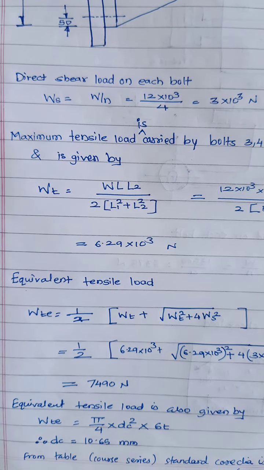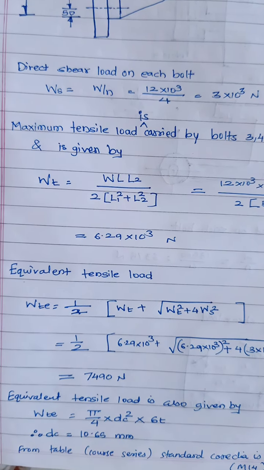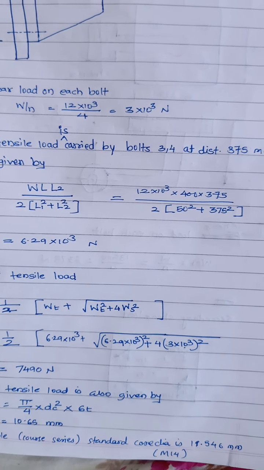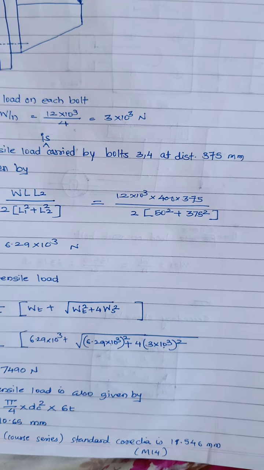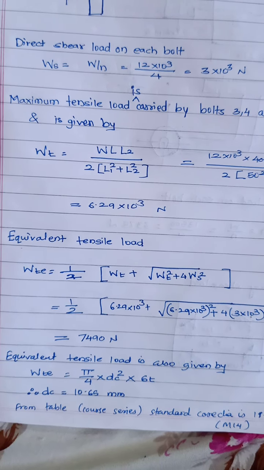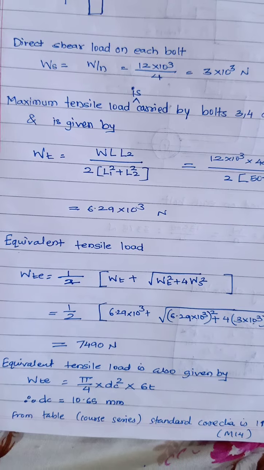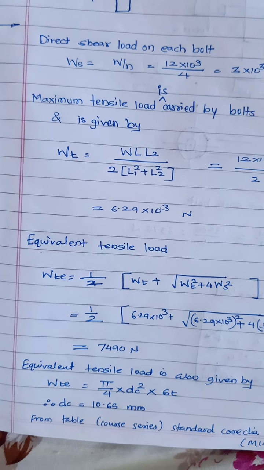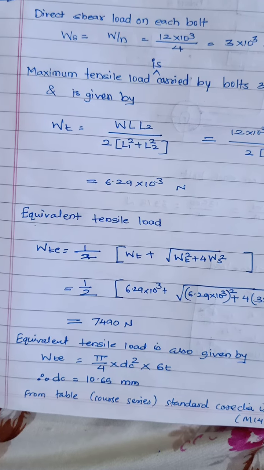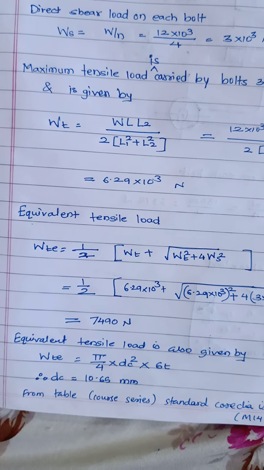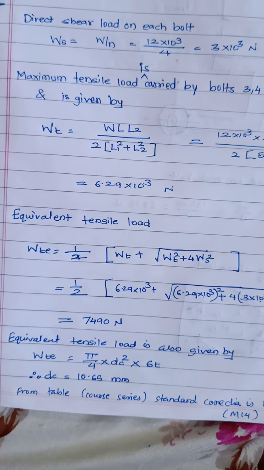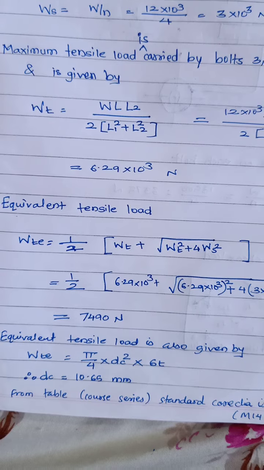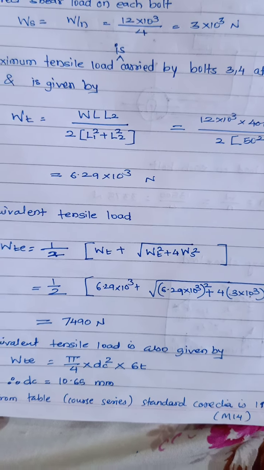Then the equivalent tensile load WTE is equal to 1 by 2 into (Wt plus square root of Wt square plus 4 Ws square), and this comes out to be around 7490. Once you have the value of WTE, you can find Dc from the equation WTE equal to pi by 4 into Dc square into sigma T, and Dc comes out to be around 10.65.